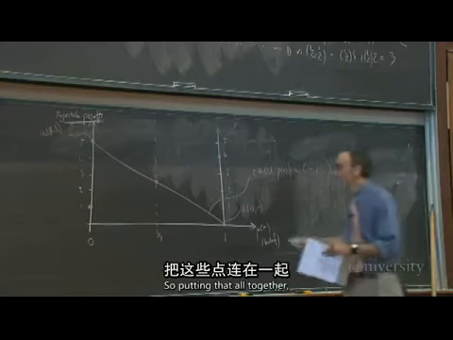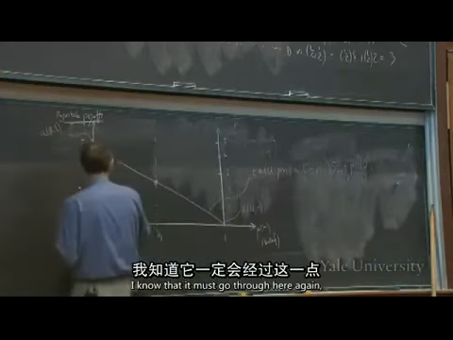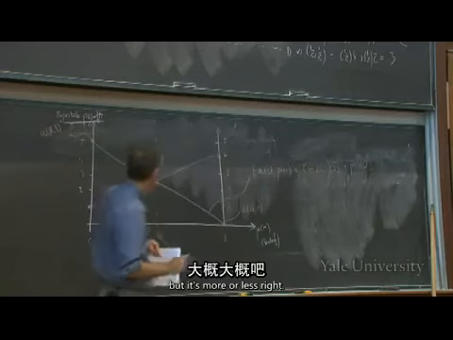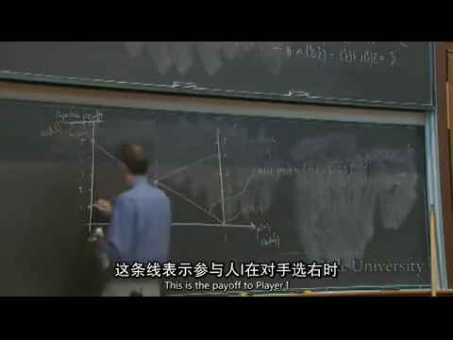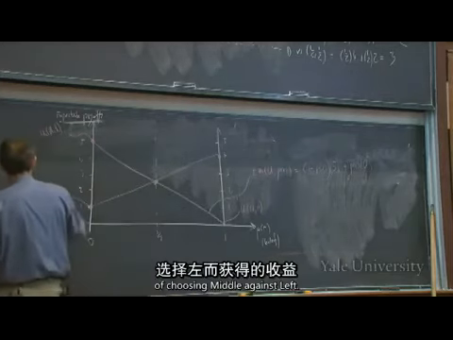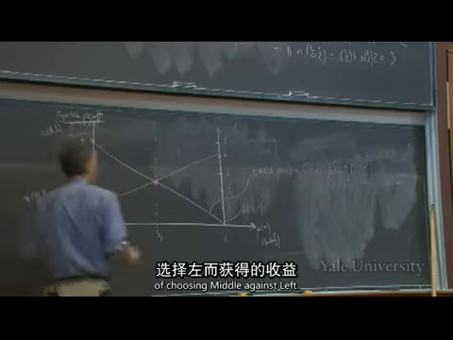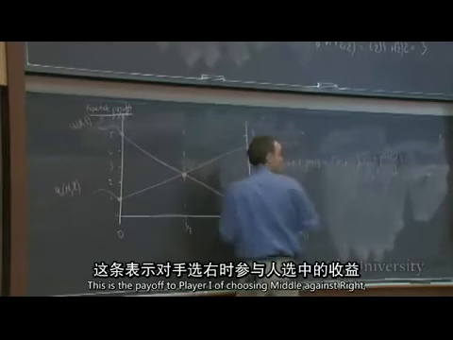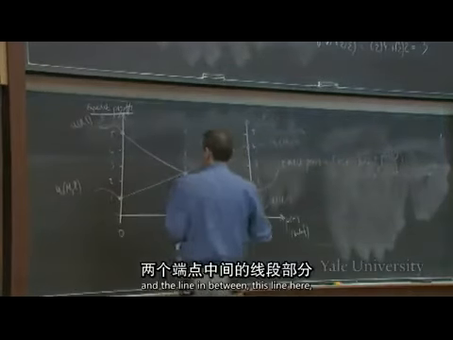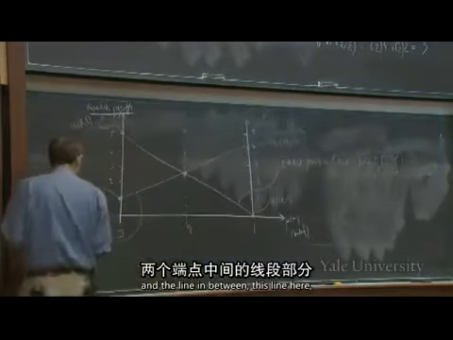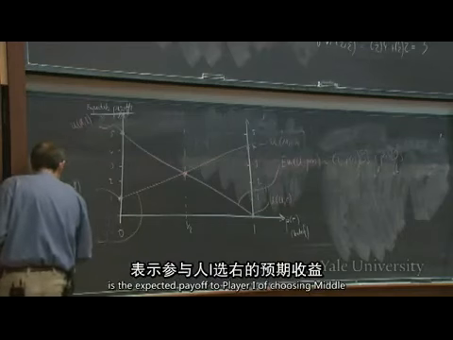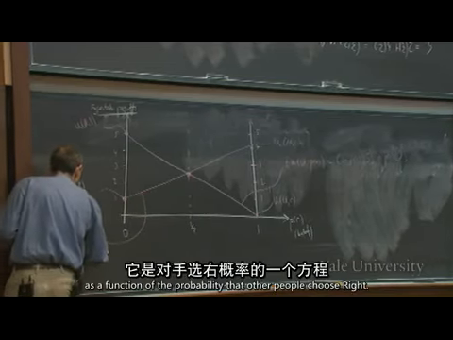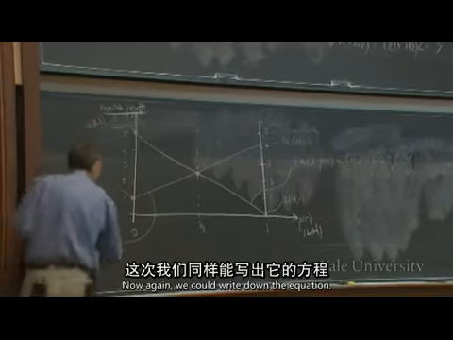Putting that all together, the line must go through here, and once again I get a straight line. This is the payoff to player 1 of choosing middle against left, this is the payoff of choosing middle against right, and the line in between is the expected payoff to player 1 of choosing middle as a function of the probability that the other player chooses right.